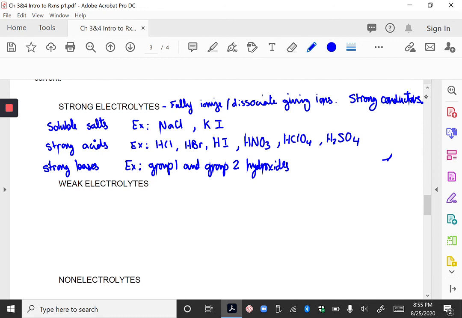So for example, NaOH or CaOH2. So group 1 or group 2 hydroxides. These will conduct electricity very well. They dissociate or ionize completely or fully 100%.